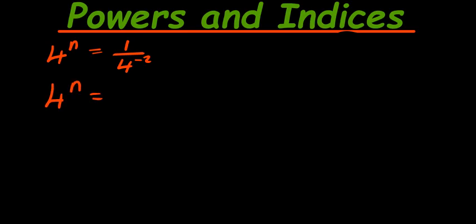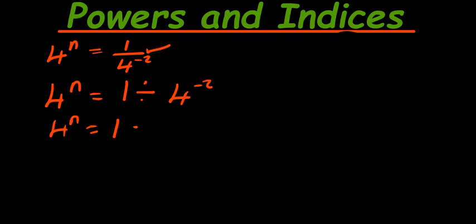As you can see, this over simply means that there's a division there, so you put the division sign. We have 4 to the power negative 2, therefore 4 to the power n is equal to 1 divided by 4 to the power negative 2.